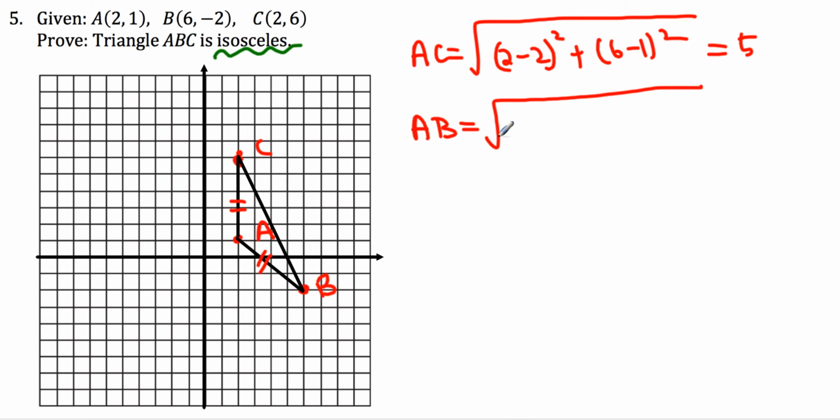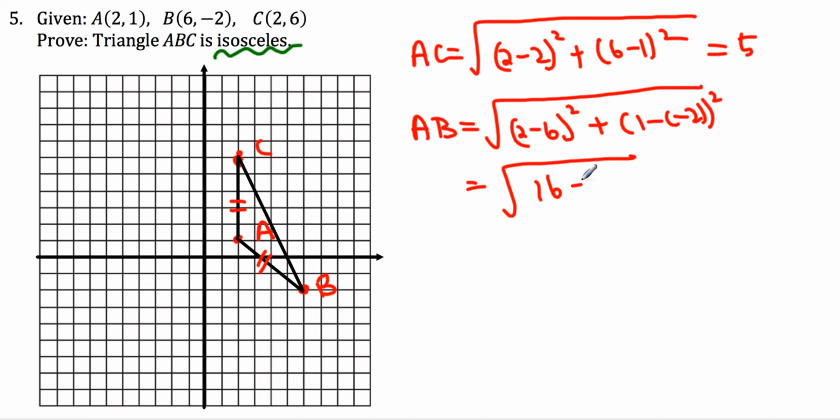So here we have 2 minus 6, and then 1 minus negative 2 square. Then here negative 4 square becomes 16, plus here negative negative becomes positive, and then it becomes 3, square becomes 9. So we get square root of 25, which later becomes 5.